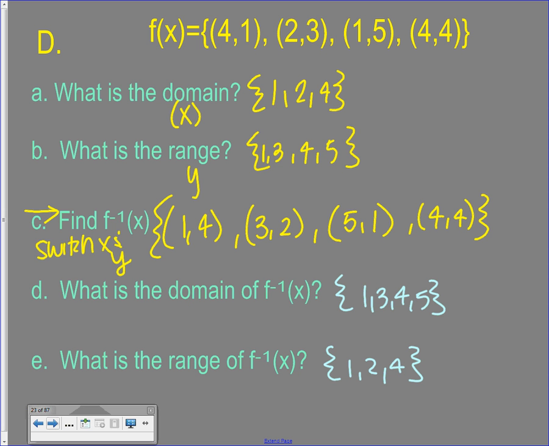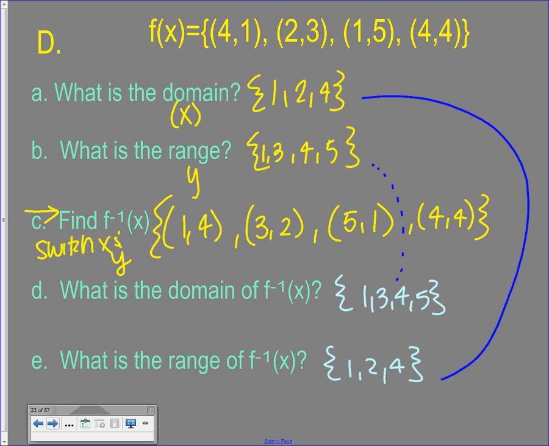Well, what really happened here? Well, I can maybe give you a little clue. These two look the same, which is the domain and then the range. And then the range and the domain are also the same, but they flip-flopped. Well, that should make sense because our x and y flip-flopped.